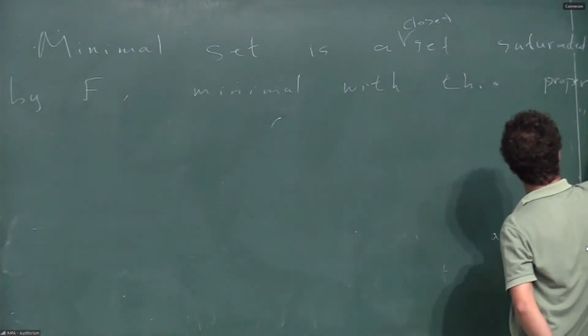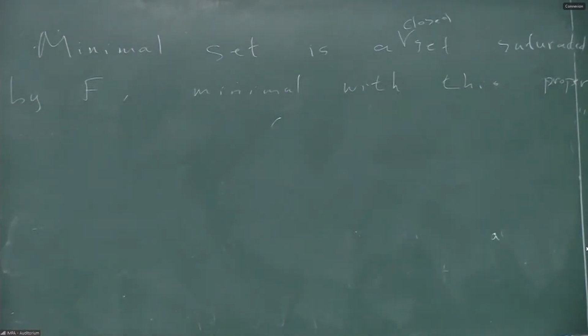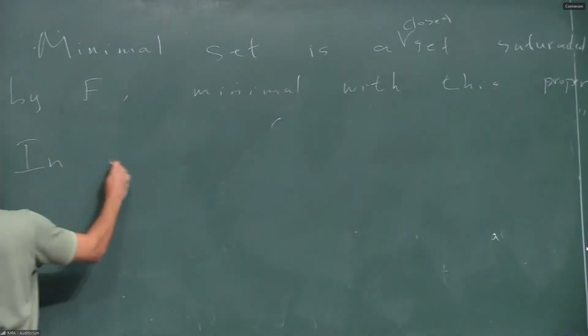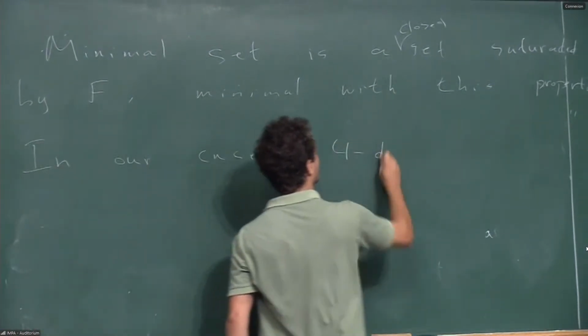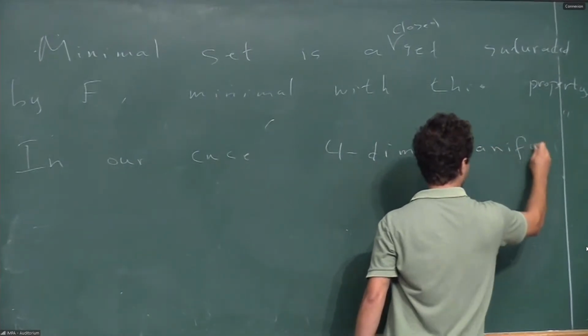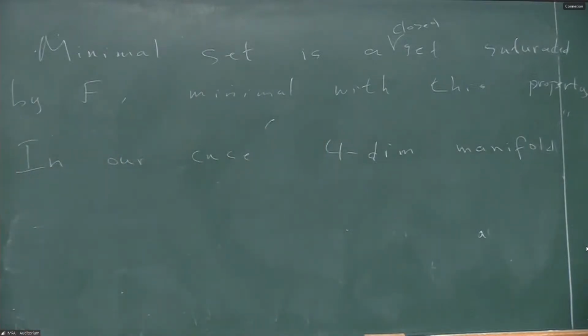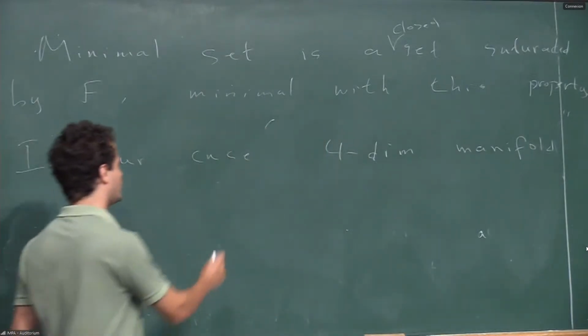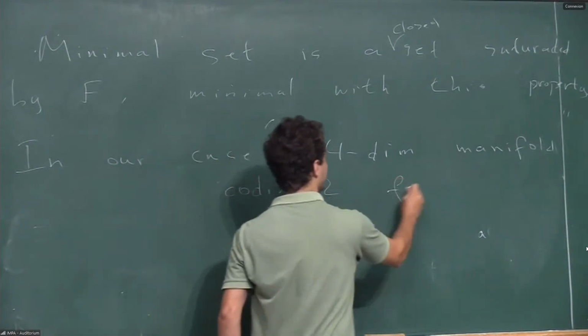So in our case, we have a four-dimensional manifold. Let me just consider the real dimension now, with a codimension 2 foliation.